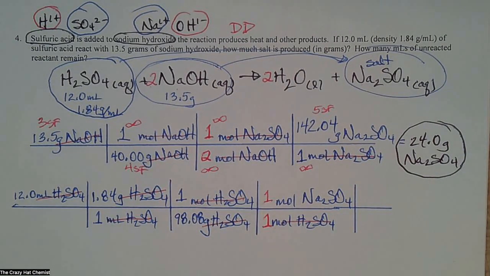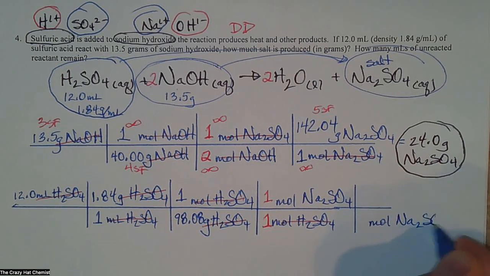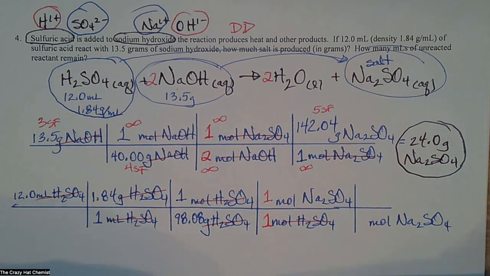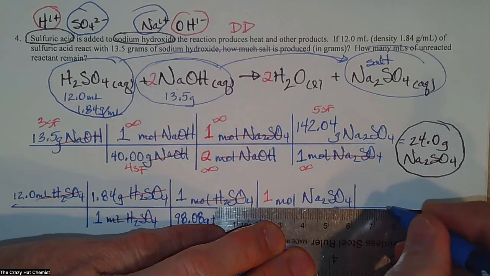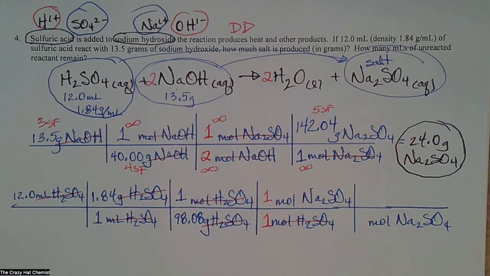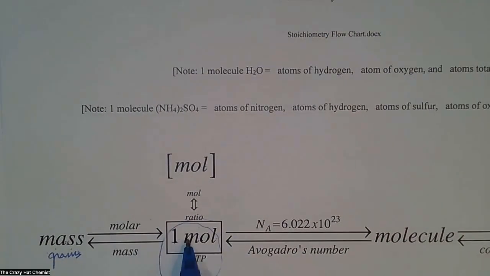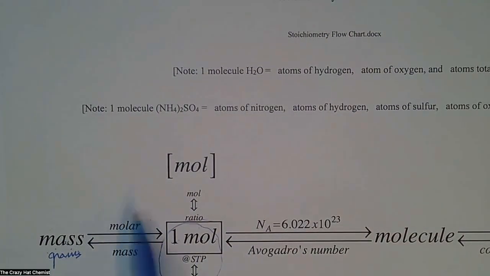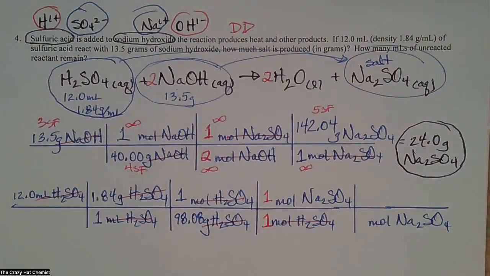I have one more step. If this is moles of Na2SO4, I'm going to have moles of Na2SO4 down in the denominator term. Let me continue this just a little bit. And I want to get the mass. I am going from moles to mass using the molar mass. All right.